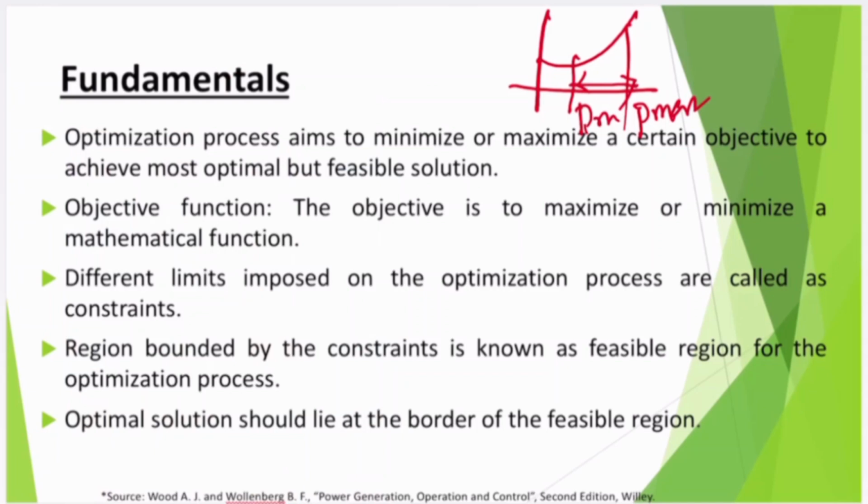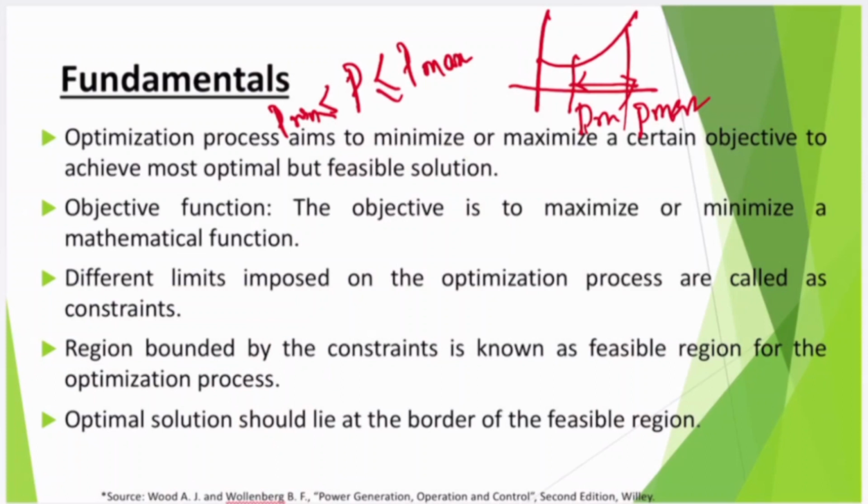I can write that P must be less than or equal to P maximum and greater than or equal to P minimum. This equation is known as my constraint equation.